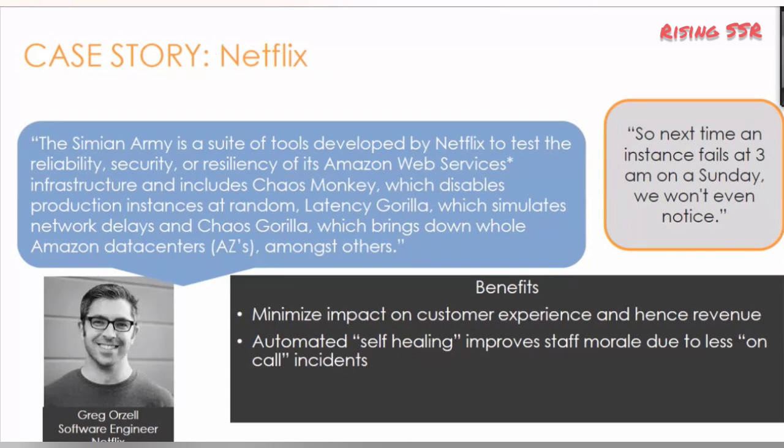What you can do is, if you have got, let us say, 100 instances running in production, 100 servers running in production, using that tool you can randomly kill anything. You need to configure how many you want to terminate or kill.